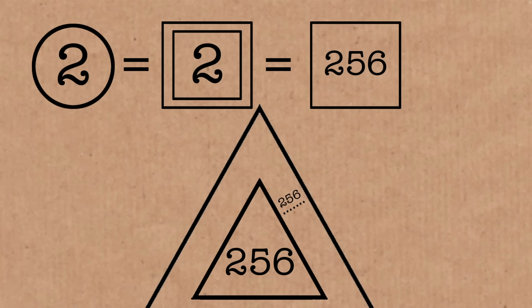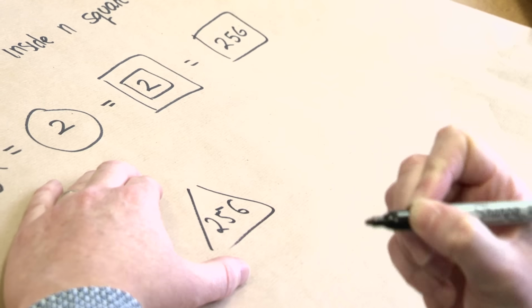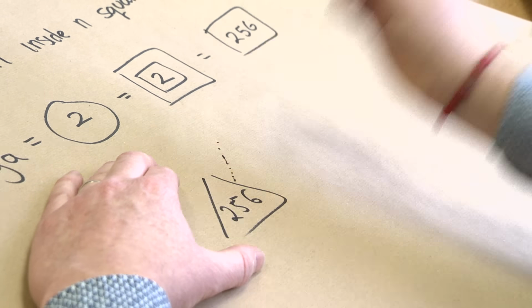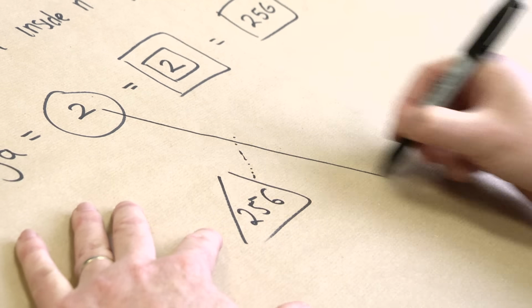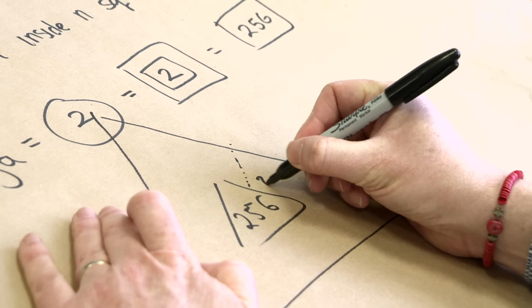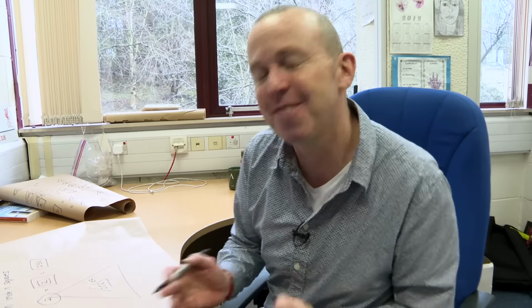So let's do that. We've got 256 inside a triangle. We've then got lots of these triangles, it's hard to draw. In fact, how many of them have we got? We've got 256. So it's 256 inside 256 triangles. It's going to be big, right? I take it back, you're rightly so. It is big. Okay, how big?